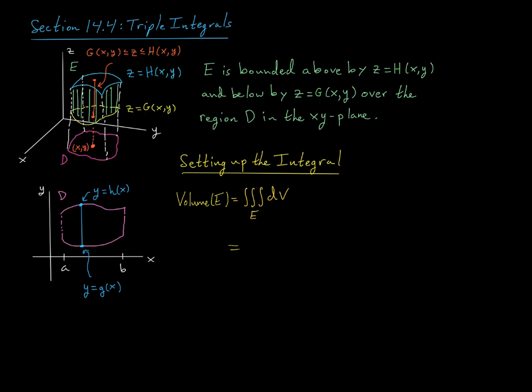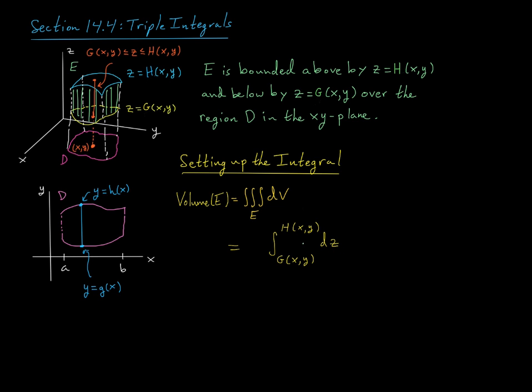Okay, so that's what this inequality here is indicating. All right, so for a fixed x, y, we're going to let z vary from the bottom surface, which is g of x, y, to the top surface, which is h of x, y, and these would be the bounds for z.